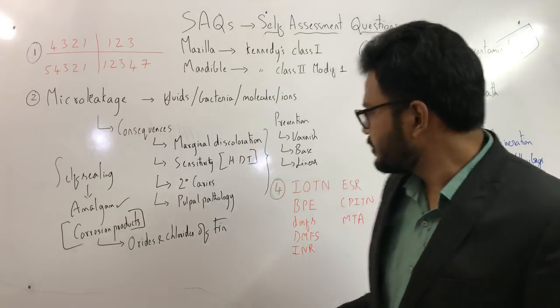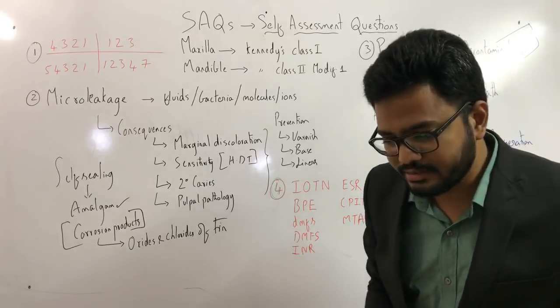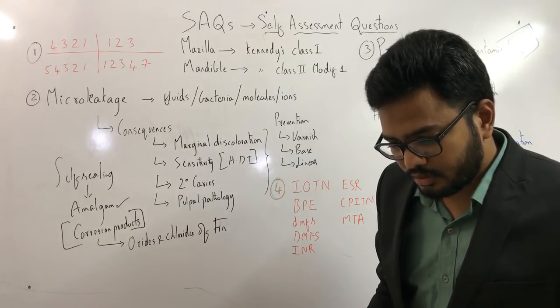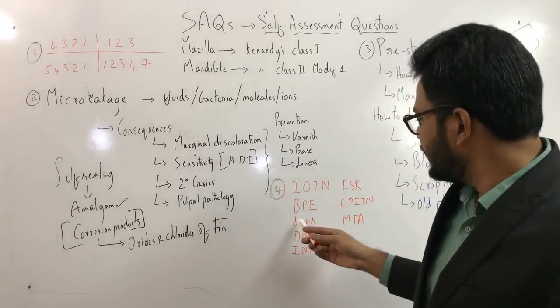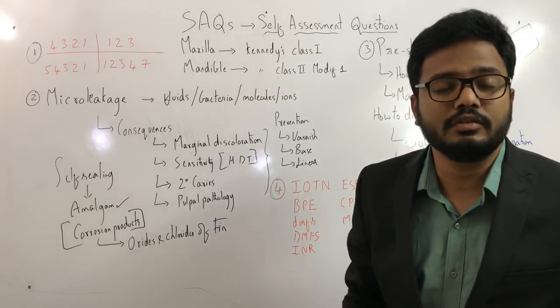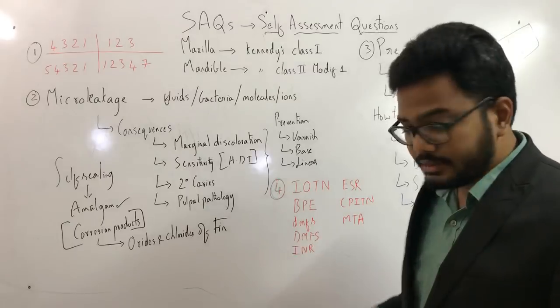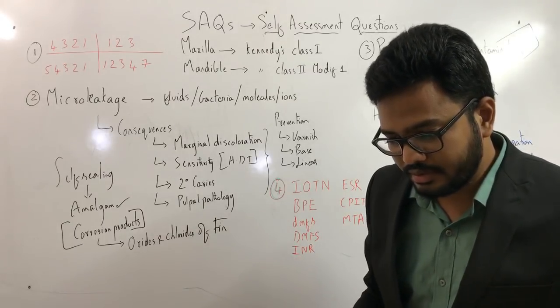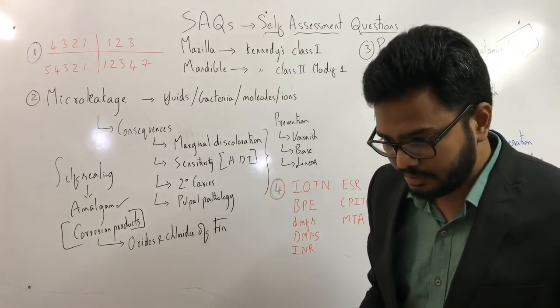Yes, good, sure, Anjali. So BPE is basic periodontal examination. Small DMFS is decayed, missing and filled tooth surfaces of deciduous teeth, and the capital DMFS is decayed, missing and filled teeth in case of permanent teeth.